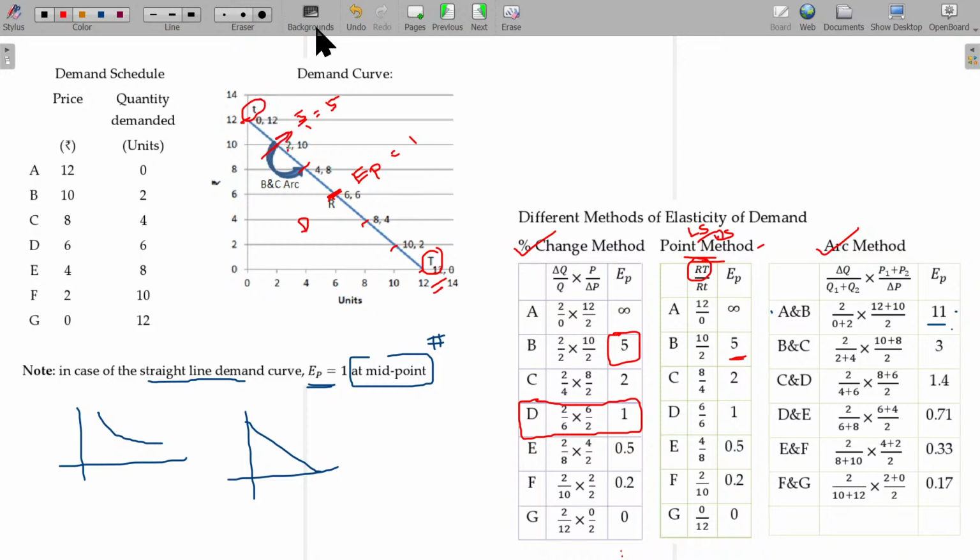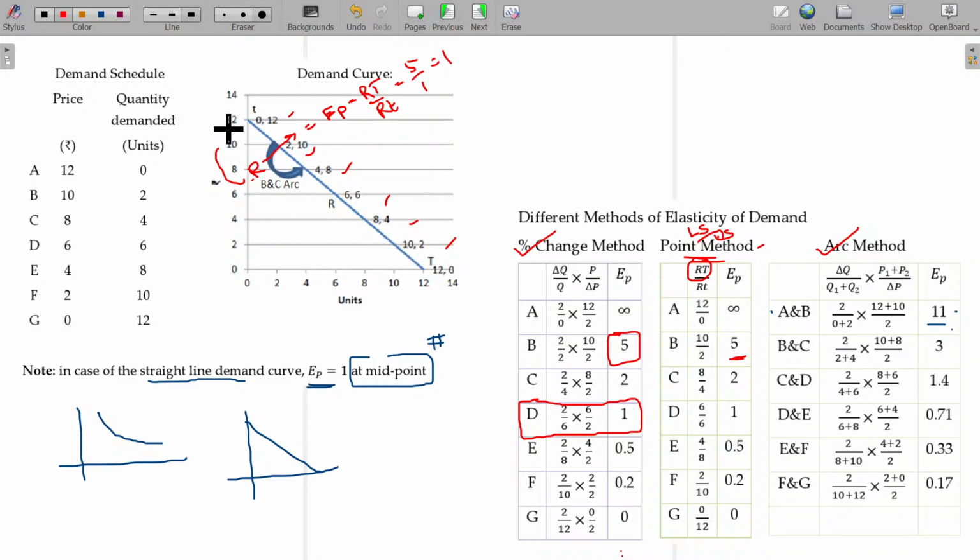For whatever point you want to calculate the elasticity of demand, probably this point, the formula is elasticity of demand with respect to price at this point equal to the lower segment. This point is named R, so R to capital T should be the numerator and R to small t will be the denominator. So the answer being 5 by 1, which is 5.